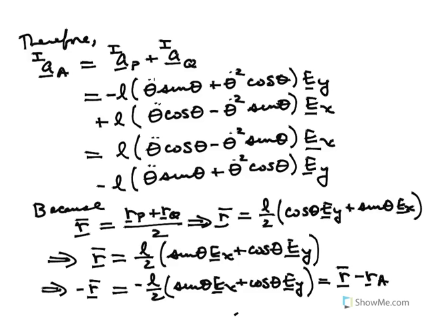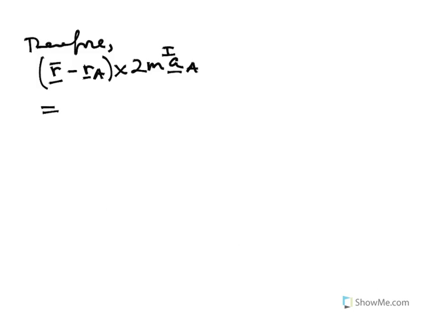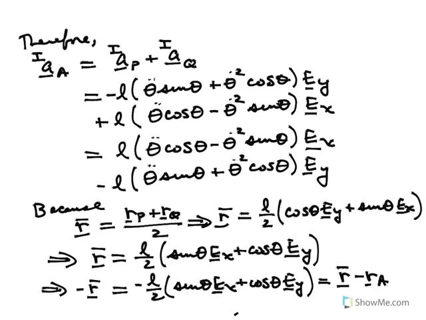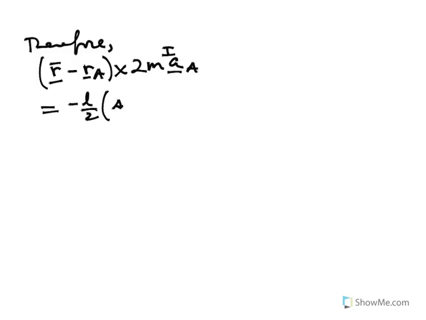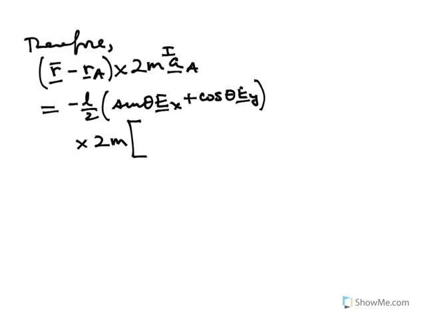Well, r bar minus RA is equal to minus L over 2 times sine theta Ex plus cosine theta Ey, and then crossed with 2m times the acceleration.